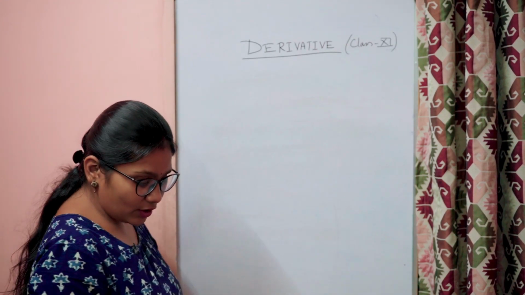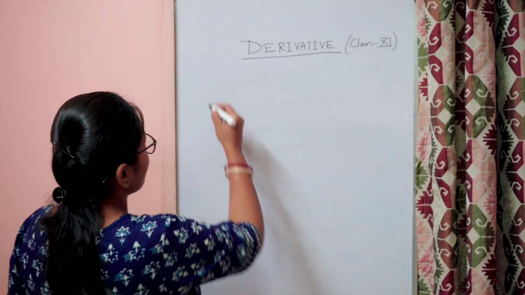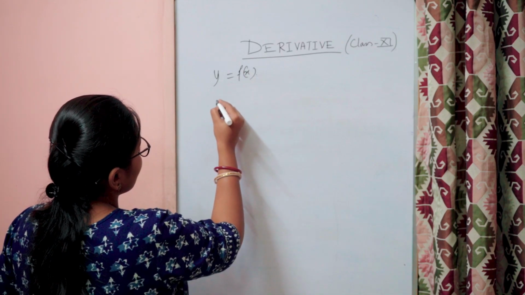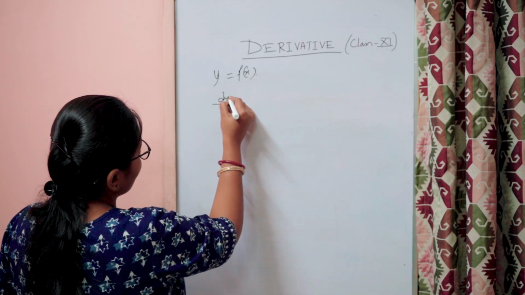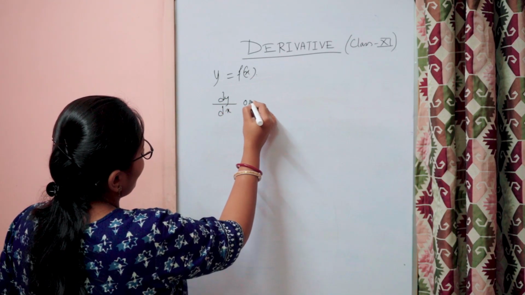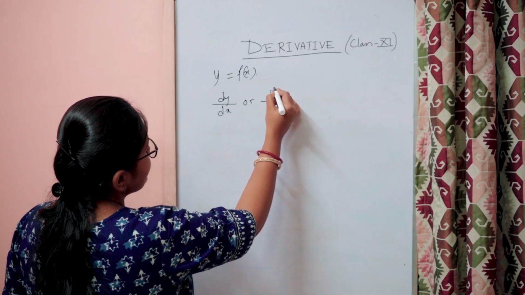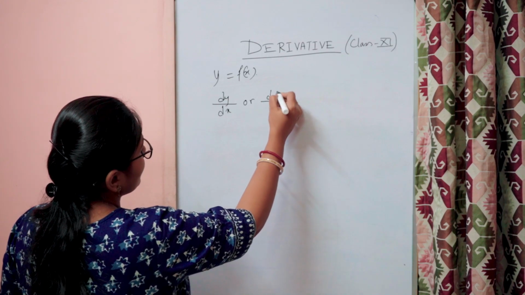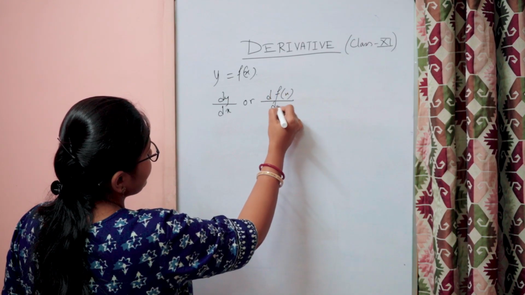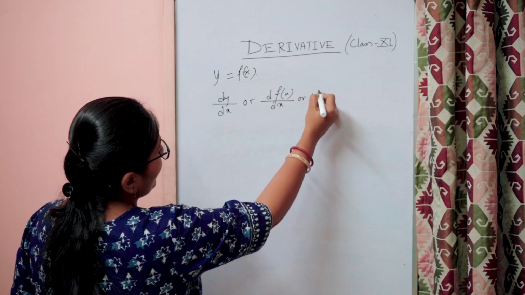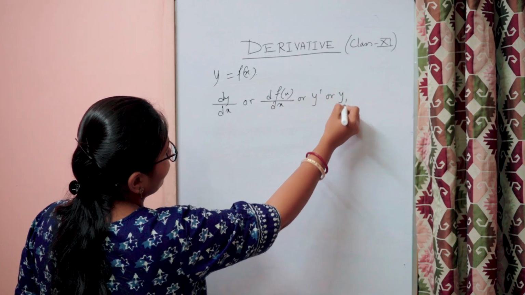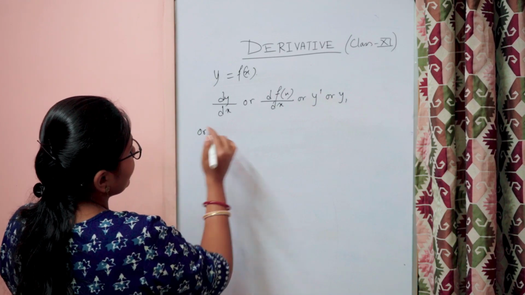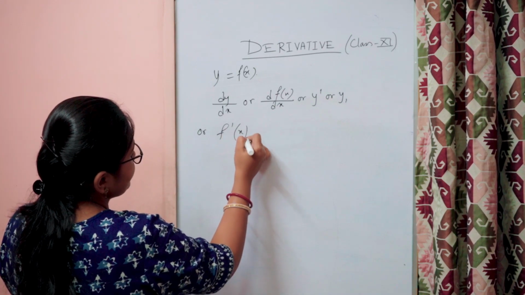Suppose you are finding out the derivative of the function y is equal to f(x). So the notation will be dy/dx or d of f(x) by dx, or y dash, or y1, or you can say f dash x.